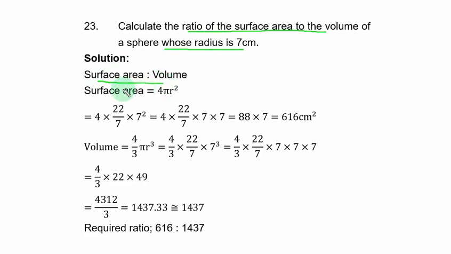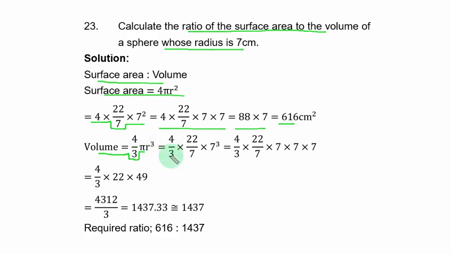For a sphere, surface area is equal to this. That is 4 times 22/7 times r squared, that is 7 squared. That simplifies to this, and you have 616 square centimeters.